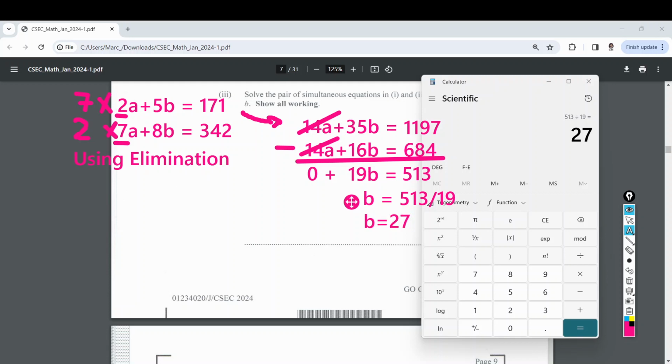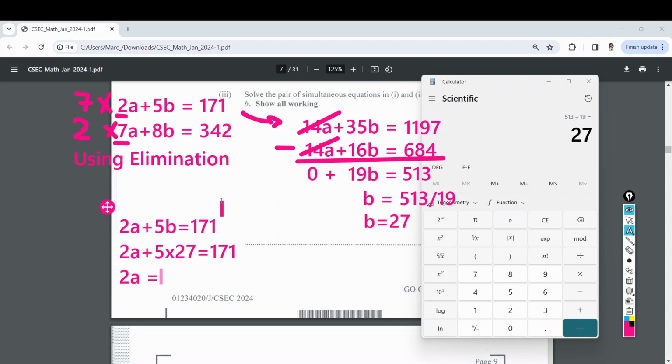Cool. All right, so guys, if b is equal to 27, remember we can use the normal equation, 2a plus 5b is equal to 171. So 2a plus 5 times 27 is equal to 171.